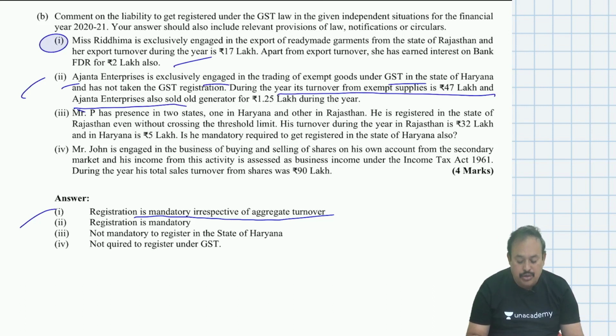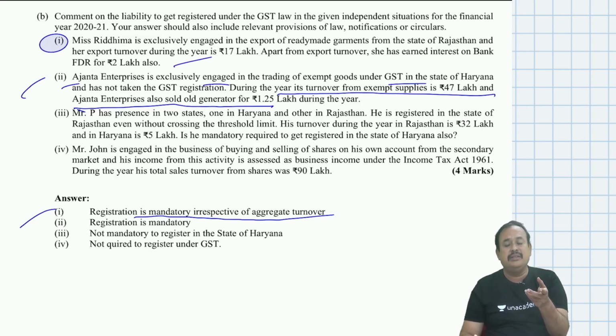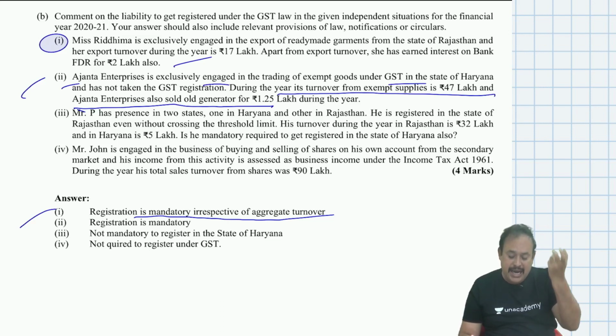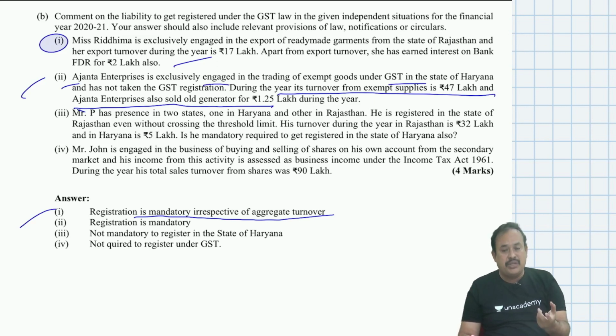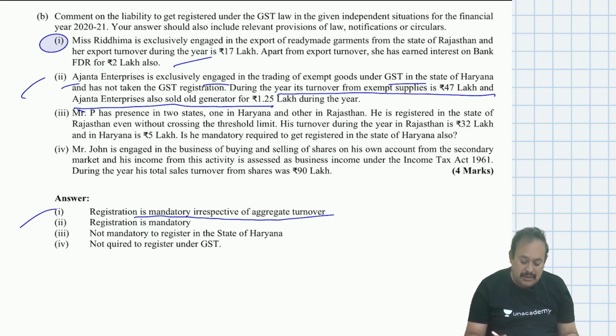Ajanta Enterprise also sold the generator for 1,25,000, which is a business asset supplied for consideration, and will attract the GST. This is supply. So, total turnover how much? 48 lakh 25,000, resulting in more than 40 lakhs. Mandated registration for Ajanta Enterprise, registration mandatory.